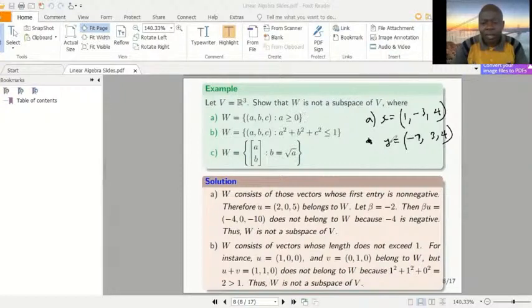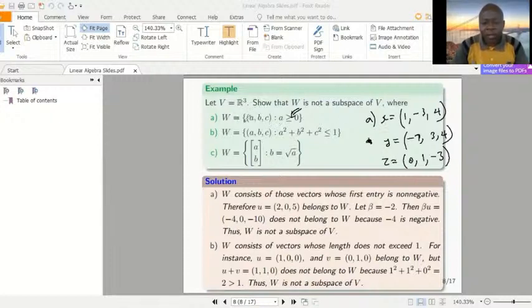So this vector Y is not a member of W, but this vector is a member of W. What about this other vector Z, is it a member of W? Yes, this is a member of W. I check the first element and I can see it is 0, so it fulfills this condition. So Z is in W.